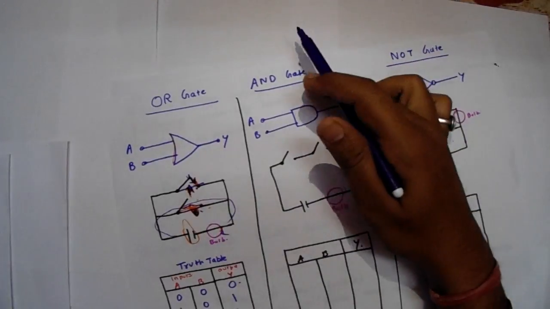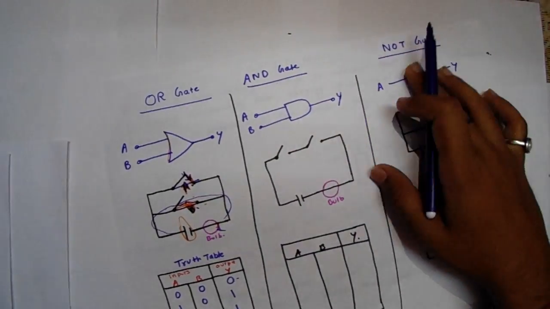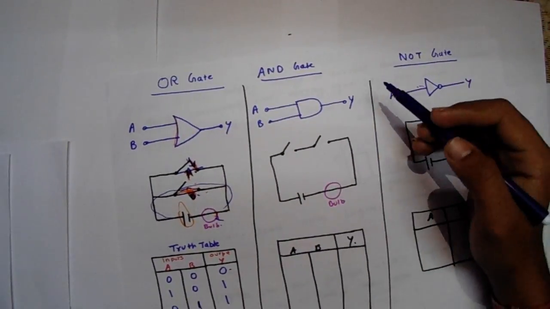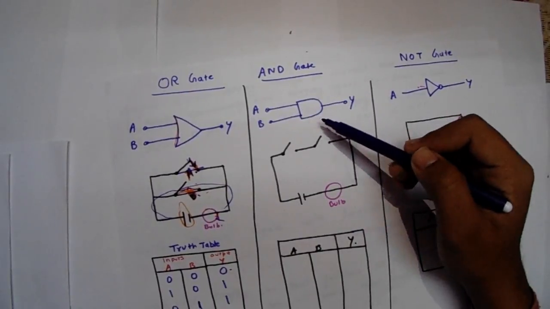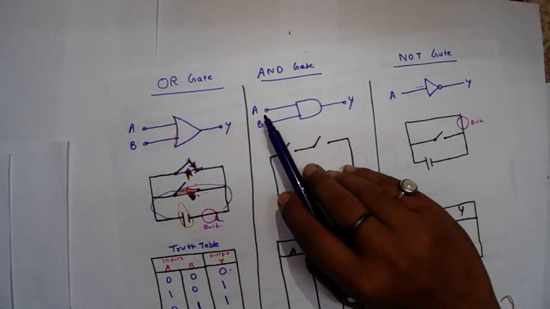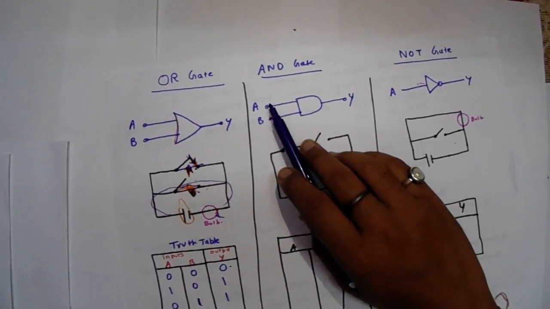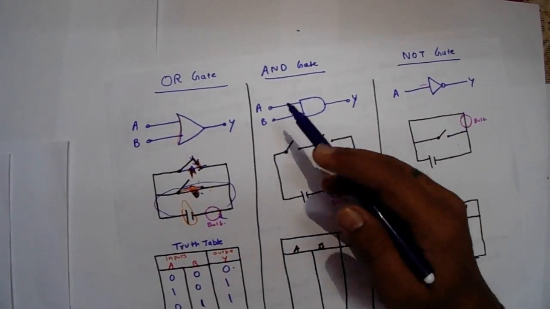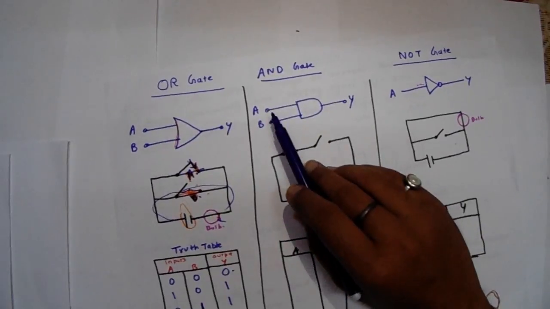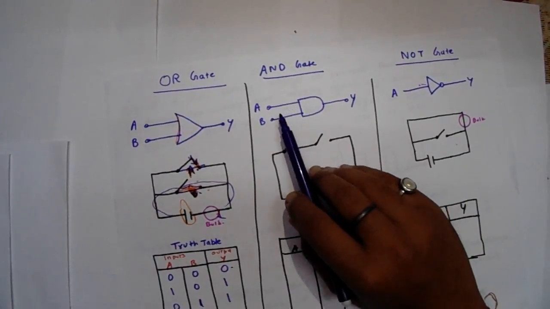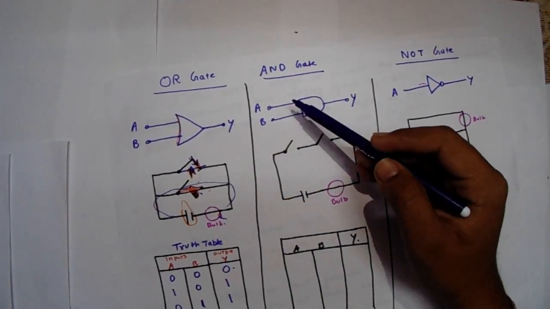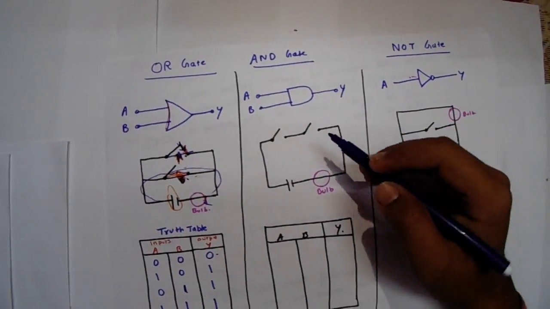Next is the AND gate. In the AND gate, this is the symbol, and you can draw this symbol. We have taken again a 2 input AND gate. We could have taken 3 or more, but we are taking right now 2, A and B. Let's consider this as the circuit.